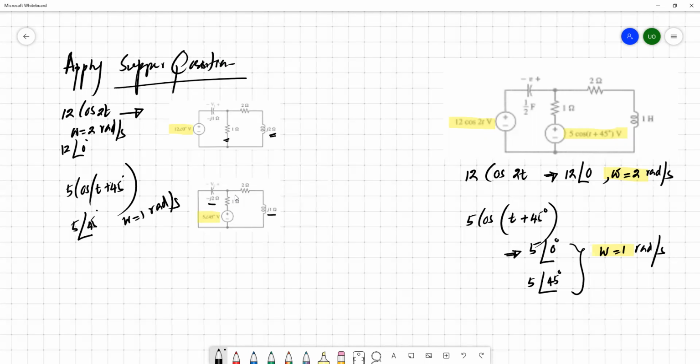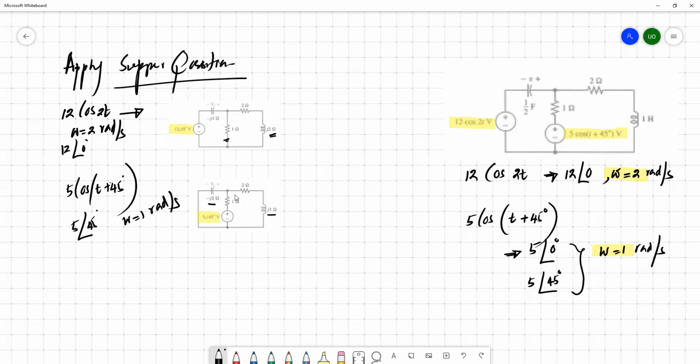Keep in mind that V1 and V2 are in the phasor domain. If you add them, either you have to convert into rectangular form, A plus jB, or else you can convert V1 and V2 to the time domain and then add them, using trigonometric formulas to simplify.